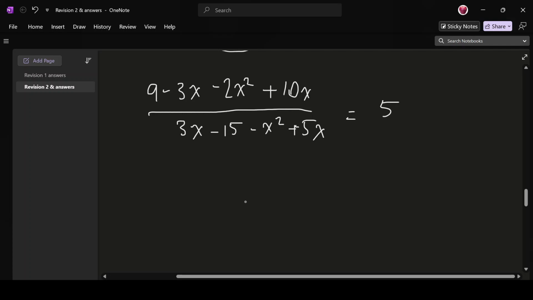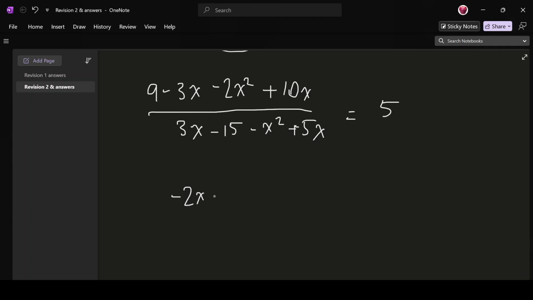Okay, now we just simplify even further. There's x squared, like here, doesn't have a pair, so it's just gonna stay as negative 2x squared. But for the x, it does have a pair. There's a negative 3x and a positive 10x. So yeah, we just add those together. Negative 3 plus 10, that's positive 7. And we add the x.